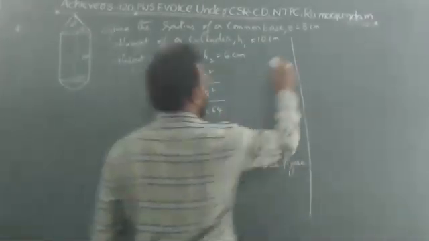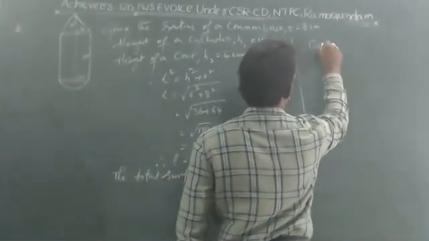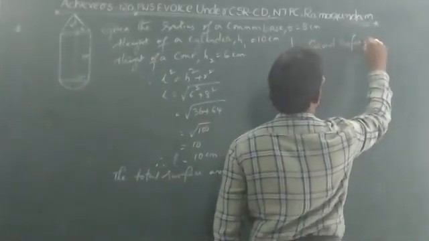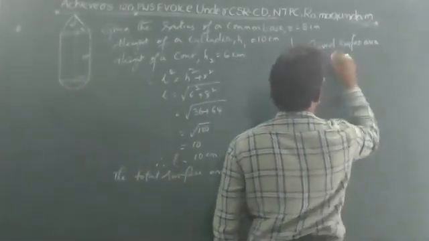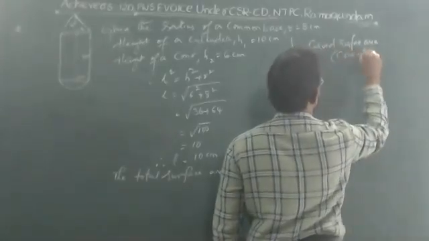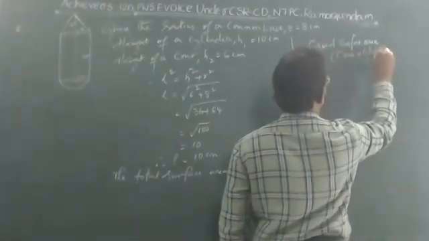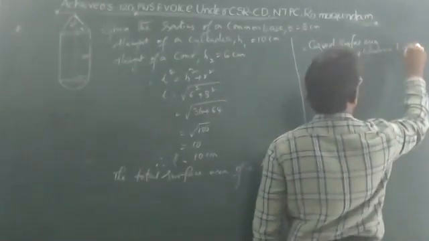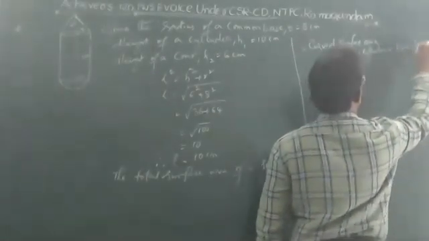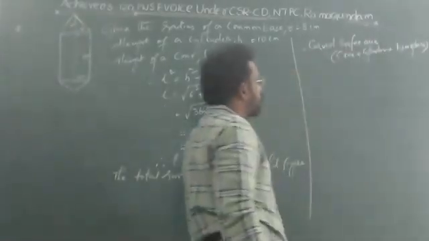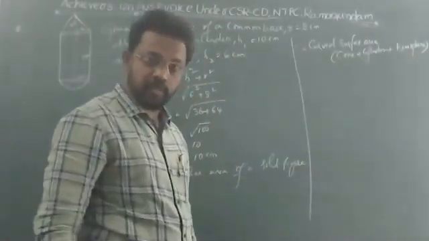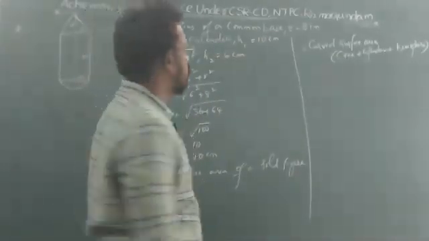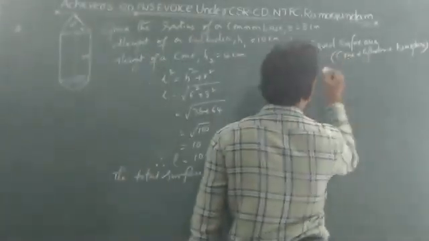Nothing but the curved surface area of the cone, cylinder, plus hemisphere. Only the curved surfaces of the cone, cylinder, and hemisphere, we have to apply the formula. What is the formula for the cone?